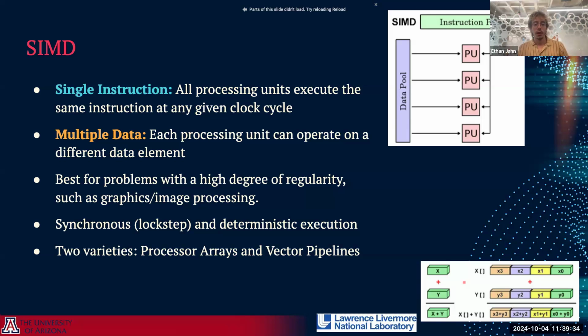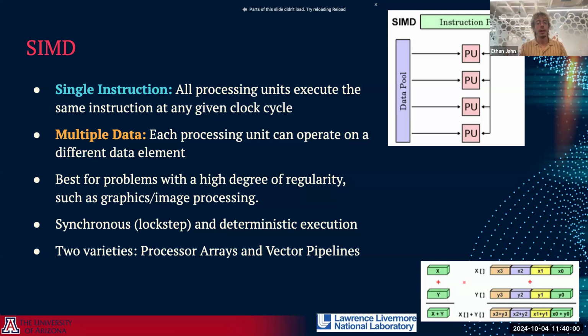So, typically, this has synchronous or lockstep execution. So each processor executing the same instruction in the same time period. So that allows them to have a high degree of regularity, or, they actually match in each clock cycle. They're doing the same instructions, so they're able to stay in sync with each other.